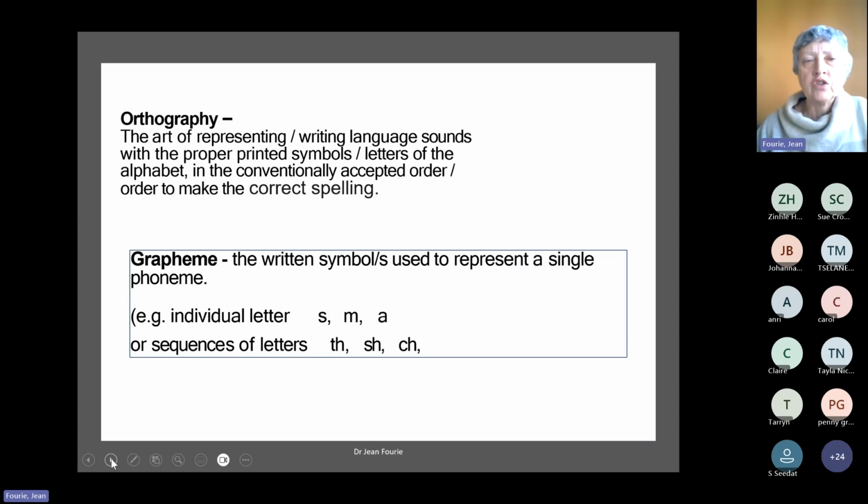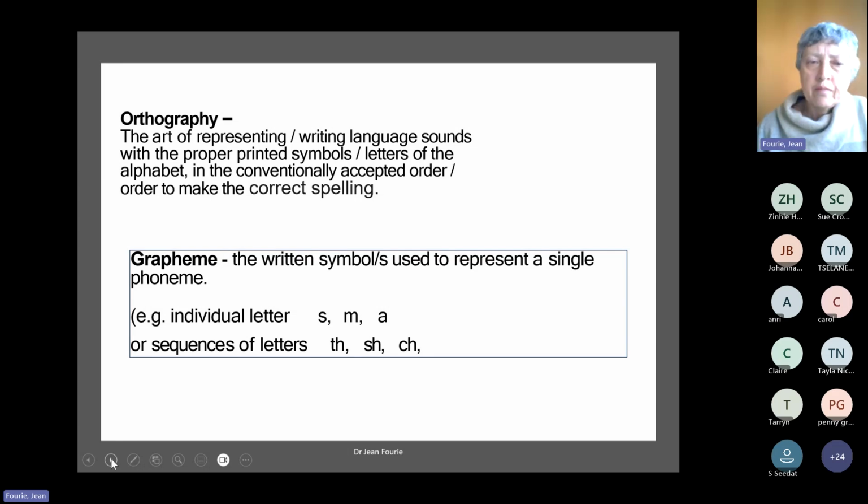So conventional spelling is the spelling that people have decided in a dictionary, the order in which the symbols must be written down in order to represent particular words in that particular language.